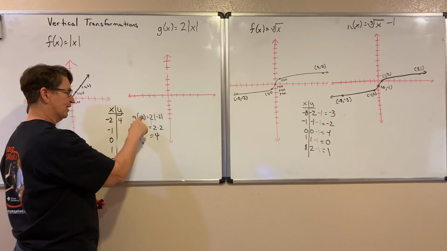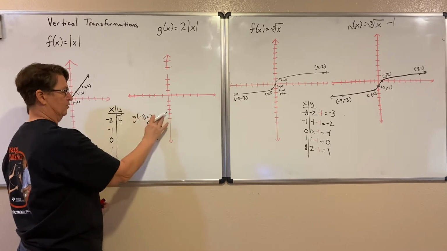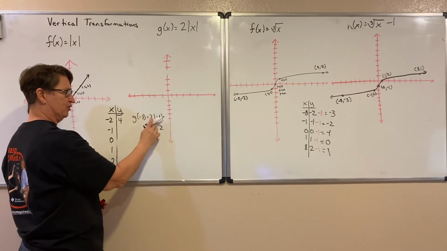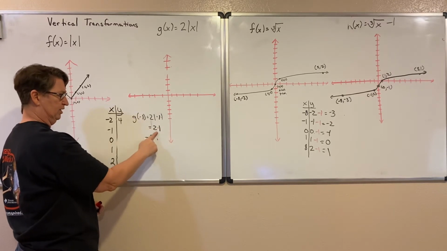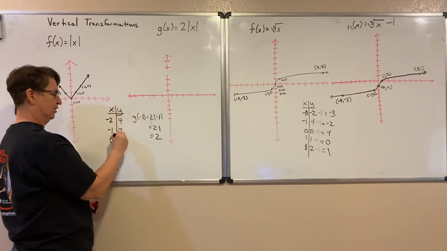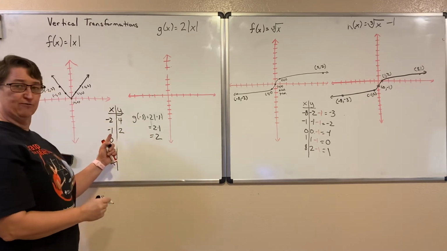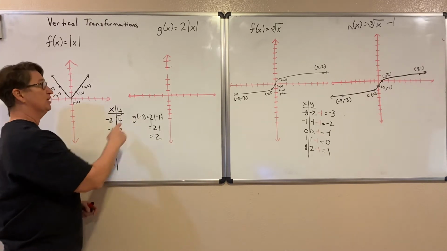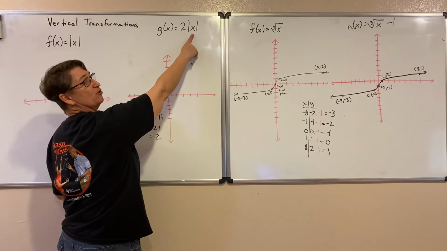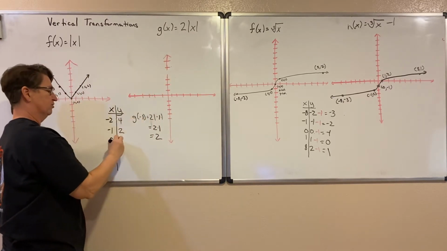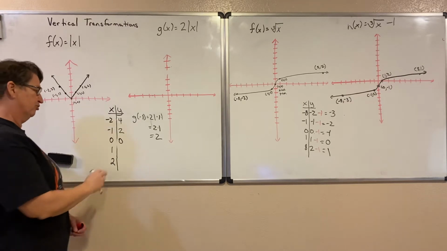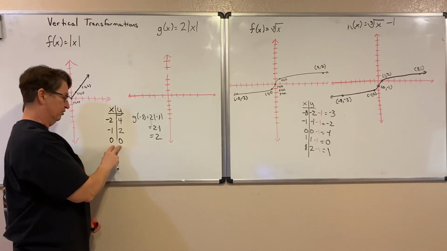If I put in -1, well, the absolute value of -1 is equal to 1, and 2 times 1 is 2. So there's going to be a point on this new function at -1, 2. If I put in 0, the absolute value of 0 is 0, and anything times 0 is 0. So 2 times 0 there is 0. So there's a point on that graph at 0, 0.